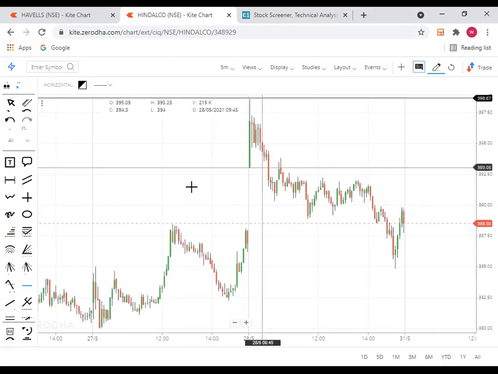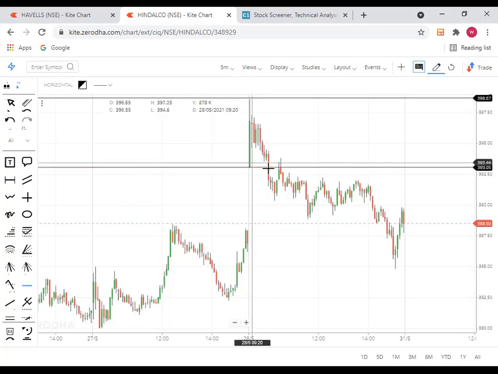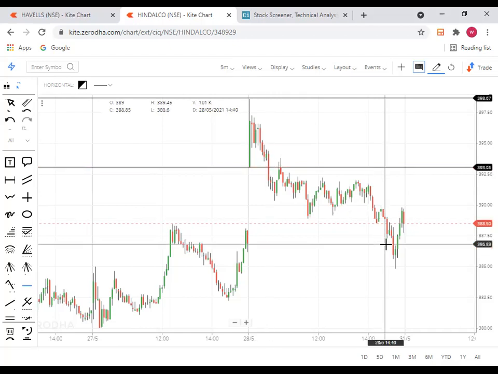In this case also, our sell is broken. We are initiating the sell trade. And we will wait for 1:1 target, or you can trail your target.